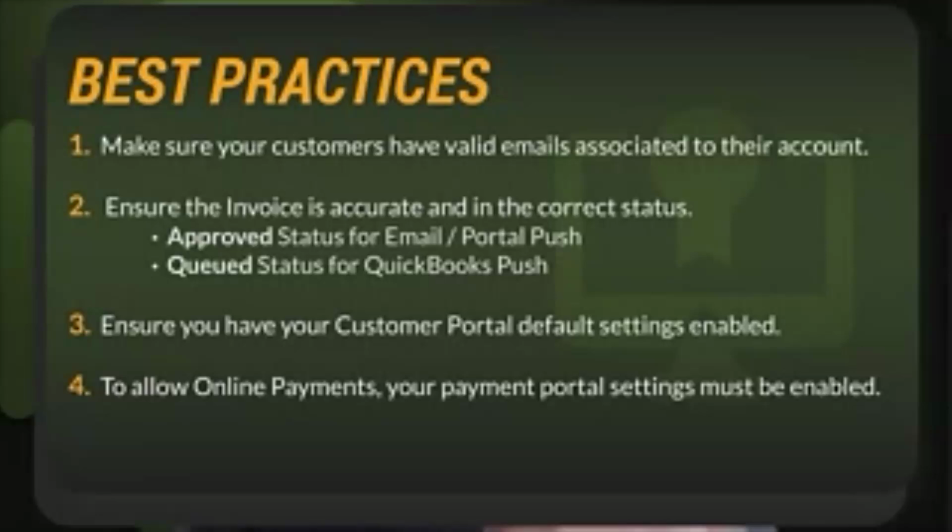It needs to be approved or queued in order for you to send it out to the end client, because if it's approved or queued, everything is already approved across the board. Everything is finalized, there are no changes that need to be made or reviewed again, and you're ready to officially send it out to the client. Okay, so just some additional things to keep in mind.